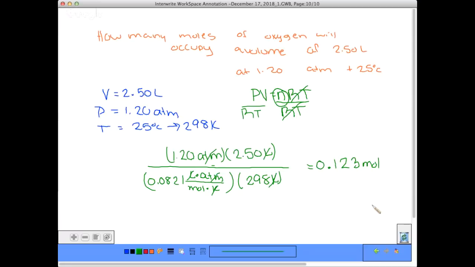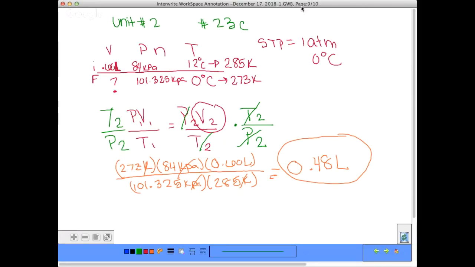So if we look at the previous page that I was just doing, let me go back. What you notice on this problem is that I did choose my pressure temperatures to be the same. I knew that STP was 1 atmosphere. I don't want to plug in 1 atmosphere when this is kPa.